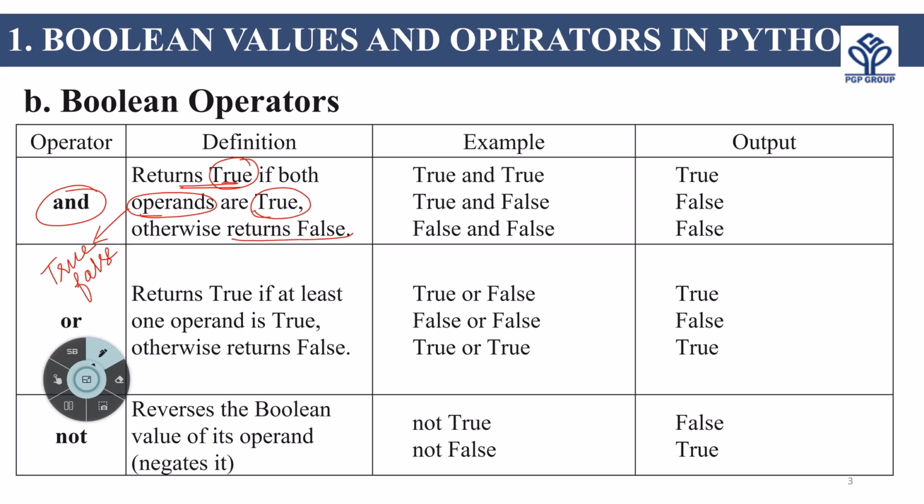For example, true and true: both operands are true, so it returns true. True and false: not both operands are true, so it returns false. False and false: again not both operands are true, and our condition is that both operands must be true, so it returns false.